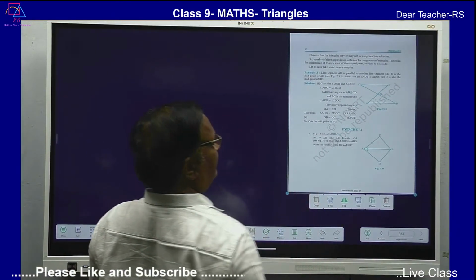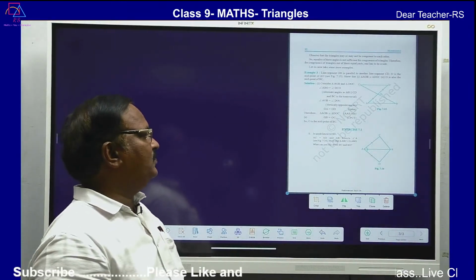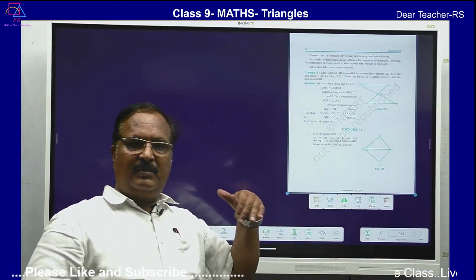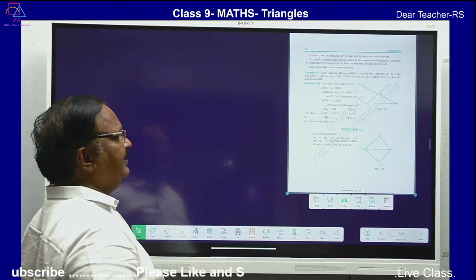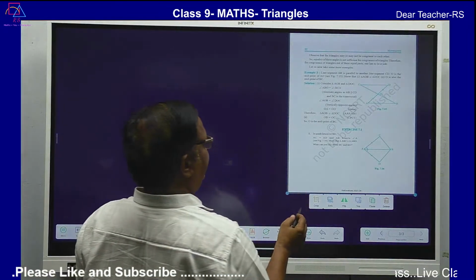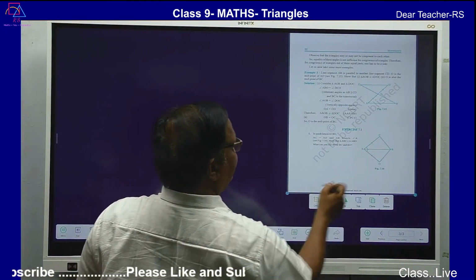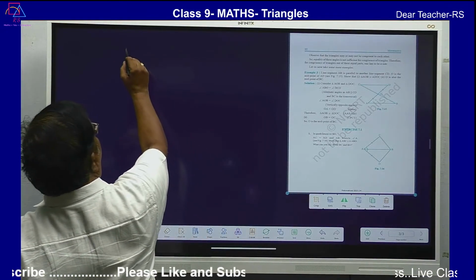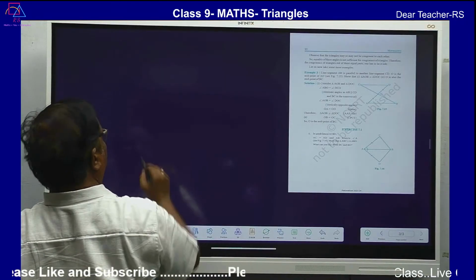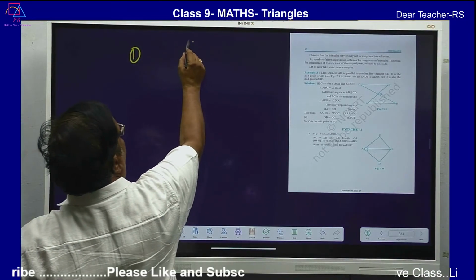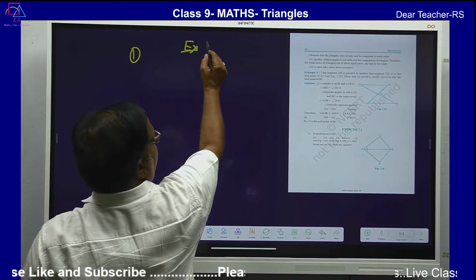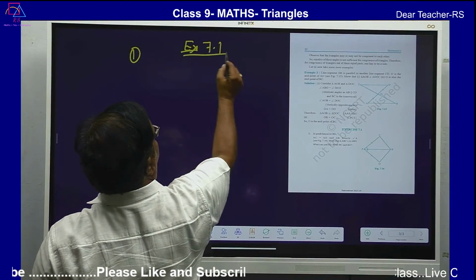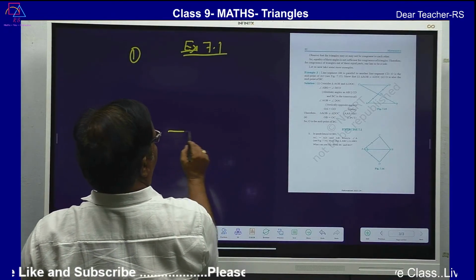So first question, this first question is based on this axiom only. Let us see. In the quadrilateral ABCD, the quadrilateral ACBD is given. So this is question number 1, Exercise 7.1. Okay, let me draw it as it is.